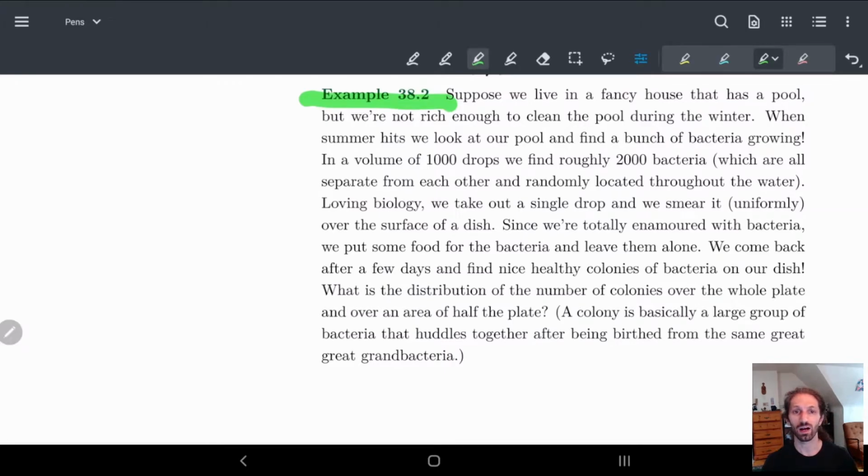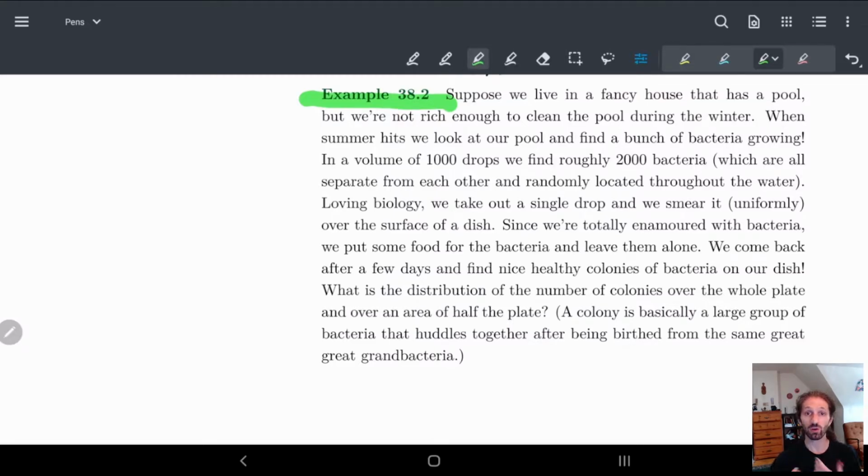Since we're totally enamored with the bacteria, we're going to give the bacteria some food so it can grow, and we're going to put it aside. We come back a few days later, and we see nice, healthy colonies of bacteria. Now, what's a colony of bacteria? Well, wherever there was one bacterium, it started to grow by itself, and that is where a colony is. So the number of colonies tells me the number of bacteria I had on this plate from the beginning.